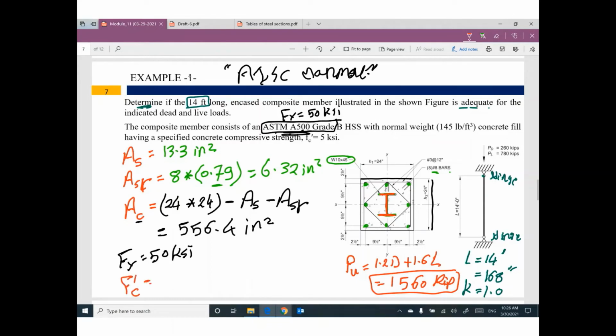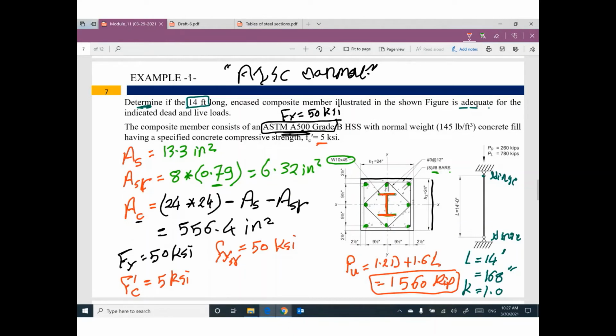And F prime C for concrete is given as 5 KSI. No information is given for the steel reinforcement, so you can assume the same F yield value of 50, or less, like 40. That's fine.